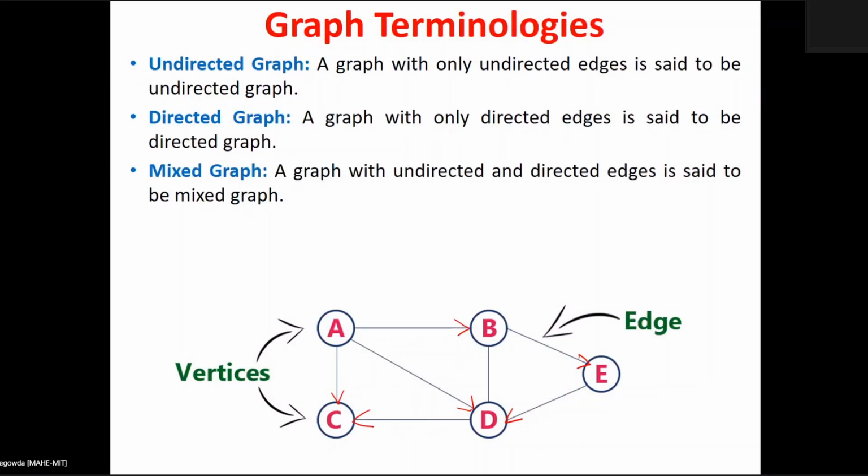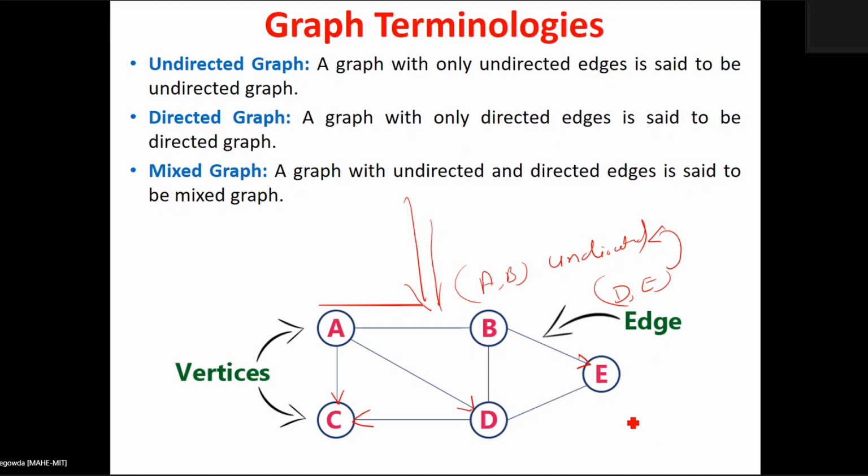Next we have a mixed graph. A graph with both undirected and directed edges is said to be a mixed graph, meaning that the graph is made up of both directed edges and undirected edges. For example, if you look at this one, this is an example of a mixed graph. The edge (A, B) is undirected, and the edge (D, E) is also undirected.